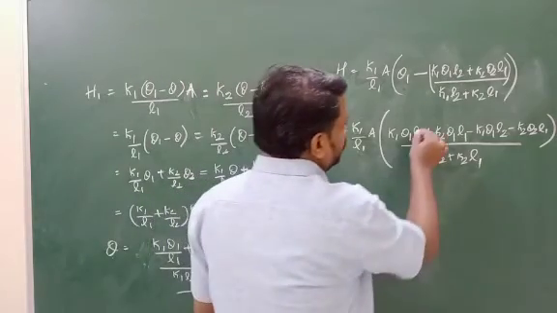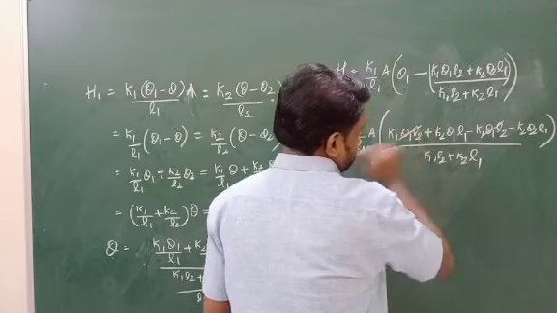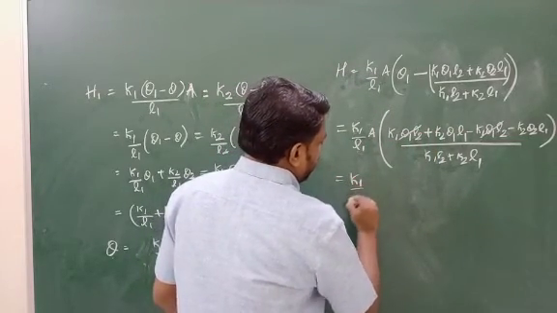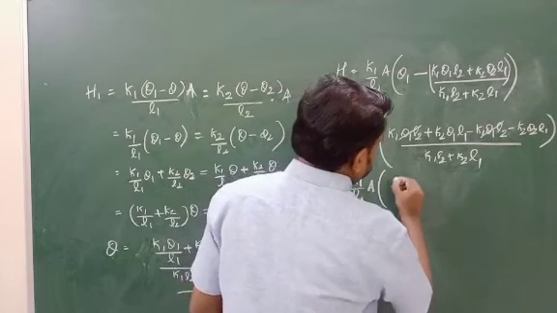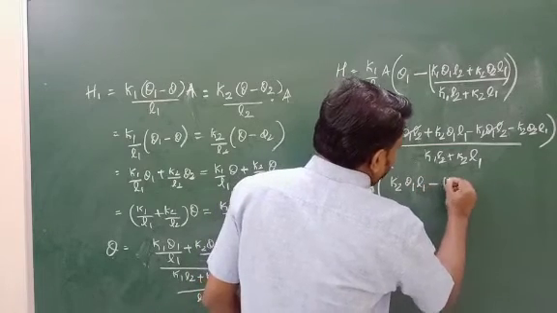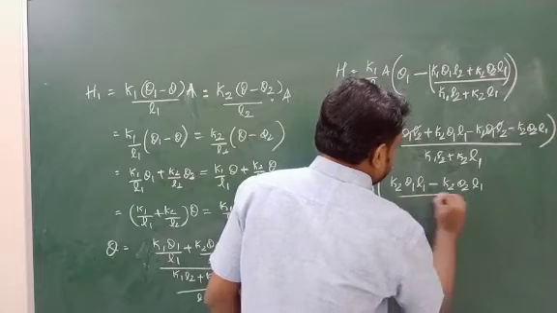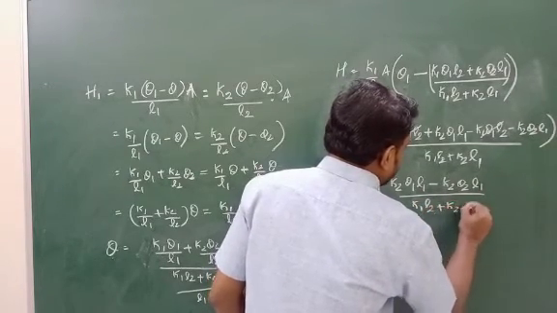So from the numerator, K1 theta 1 L2 minus K1 theta 1 L2 gets cancelled. So what is remaining there? The remaining terms are K1 by L1 into A multiplied by K2 theta 1 L1 minus K2 theta 2 L1 divided by K1 L2 plus K2 L1.